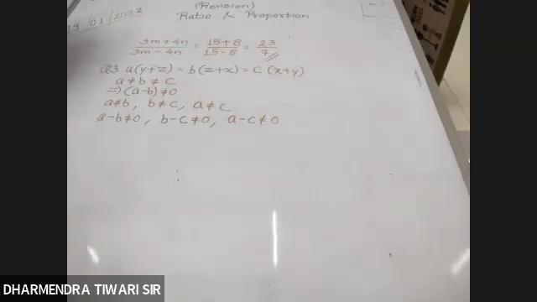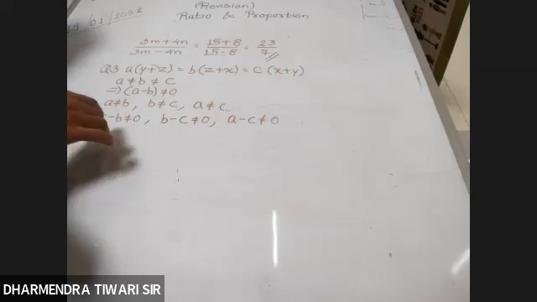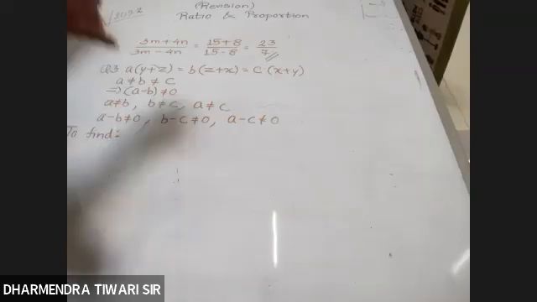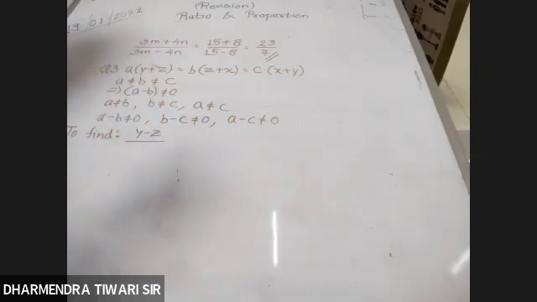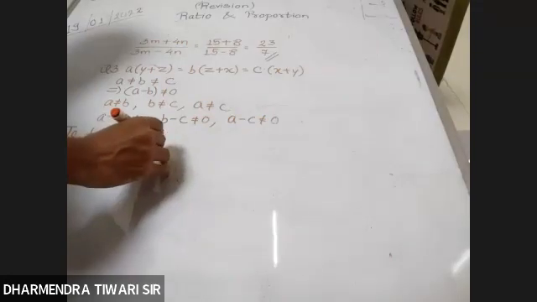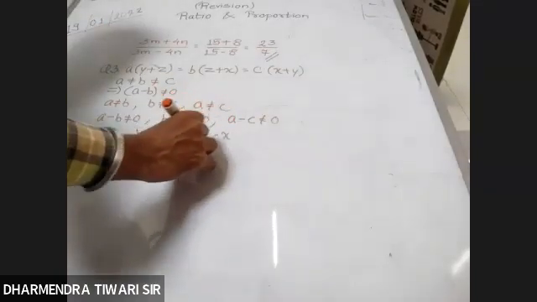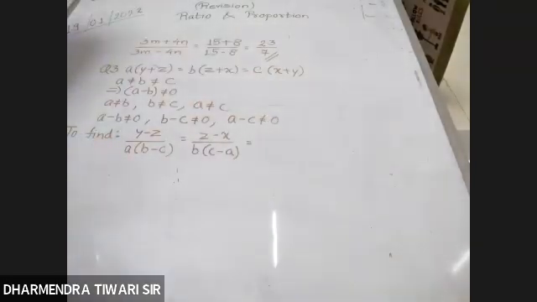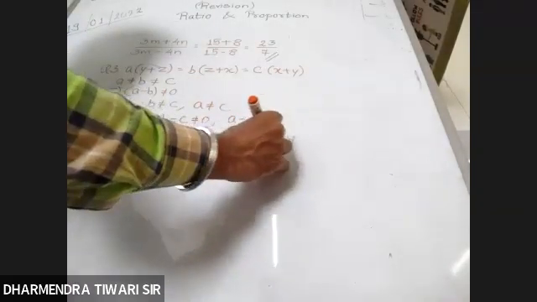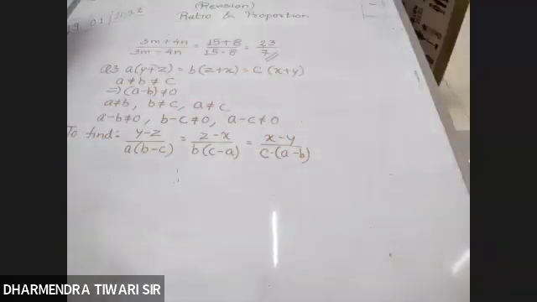So by giving this condition, they are asking us to find the value of (y - z) upon a(b - c), which is the same as (z - x) divided by b(c - a), which is equal to (x - y) upon c(a - b).